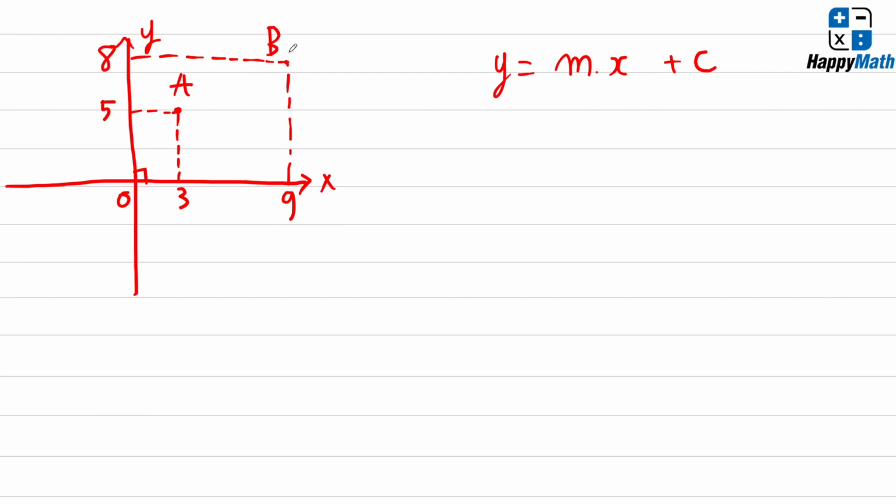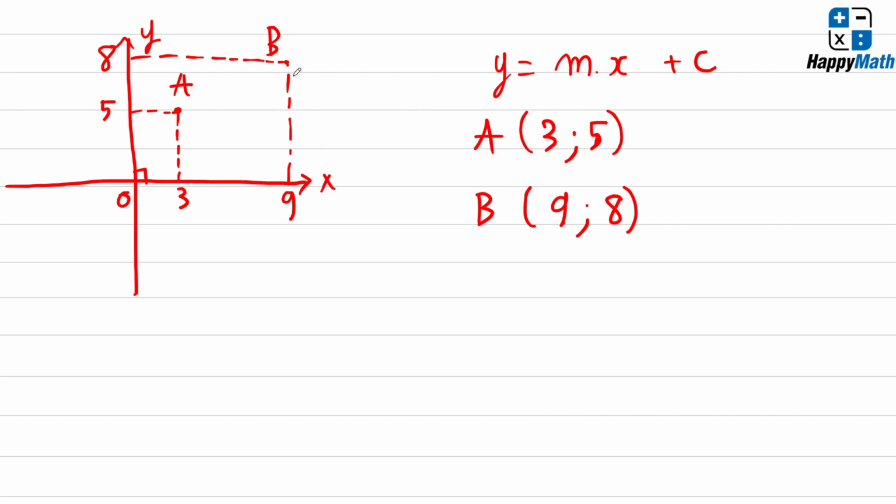So from this you have 2 points. I will write the coordinates with x first and then y. The coordinate of A is 3, 5, and the coordinate of B is 9, 8.